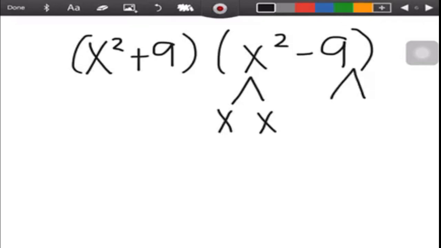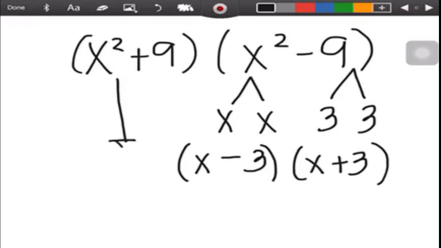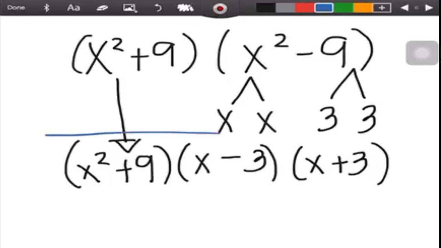The factors of 9 are 3 times 3. And then two parentheses, the factors of the first term, and then the factors of the second term, minus plus, or you can use plus minus. And then, don't forget to write this factor. Okay? So this is the final answer.